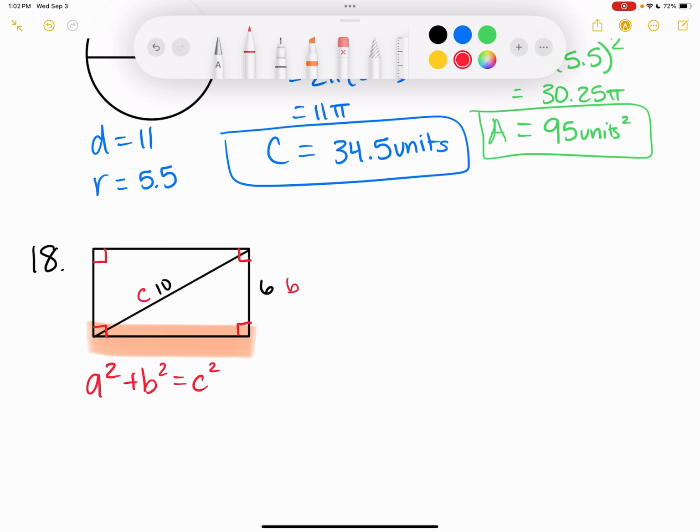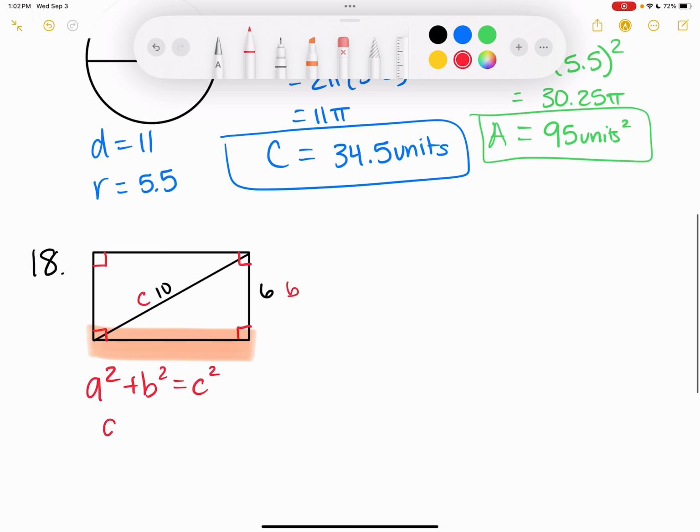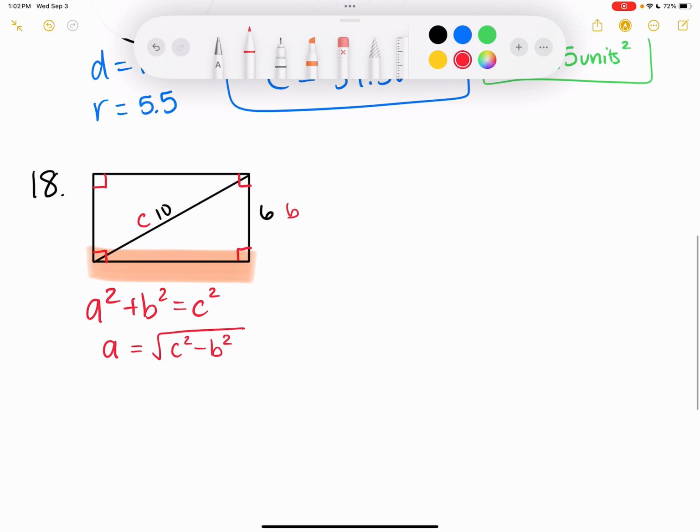So A is equal to the square root of C squared minus B squared. Okay, that's your modified formula for solving for a side that's not the hypotenuse. C is always your hypotenuse. It's your longest side. So this is going to be the square root of 10 squared minus 6 squared.